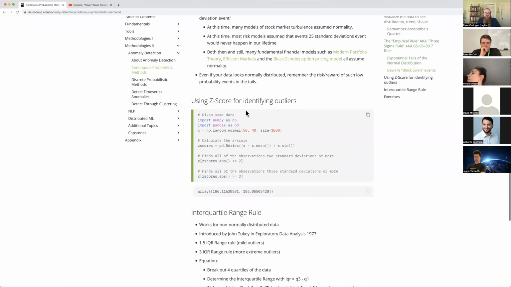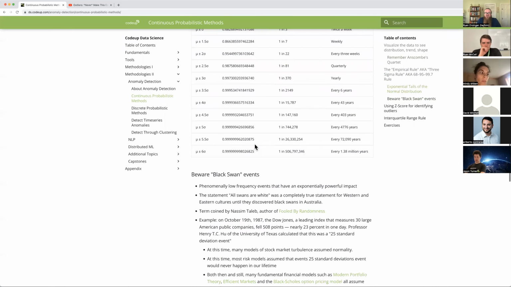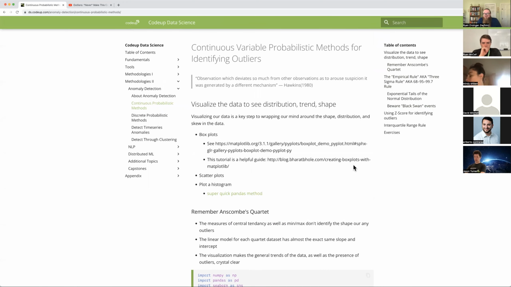Using the z-score for an observation tells us how many standard deviations away it is. We could use that as well. And first and foremost, always visualize your stuff. At the very least, box plots, scatter plots, and histograms of variables in question before getting any fancier.